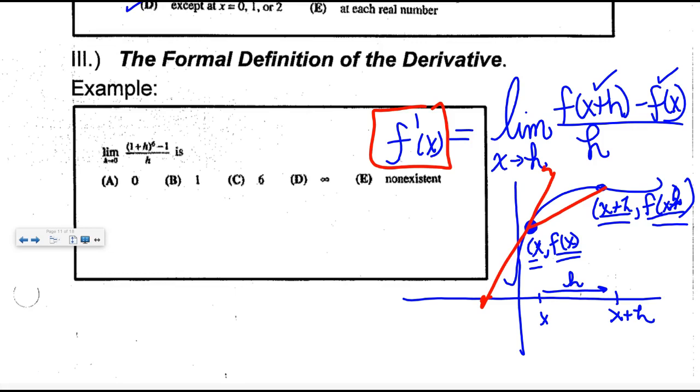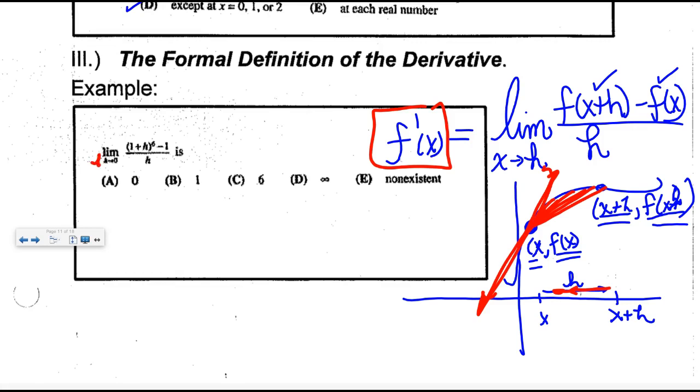You can see that they're quite off, but as I have h approach 0, this secant line is going to get squeezed closer and closer to the tangent line, and they eventually have the exact same value. And so your task is not to do it, but to recognize it.